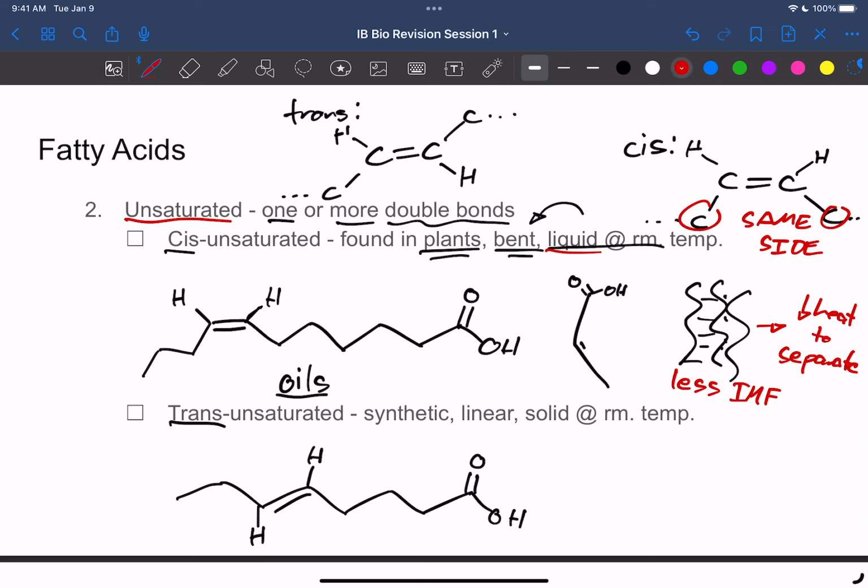It's when these here are on opposite sides. When they're on opposite sides, it gives you trans configuration. So when we have trans unsaturated, they're largely linear. These remain almost basically as linear as saturated fats.